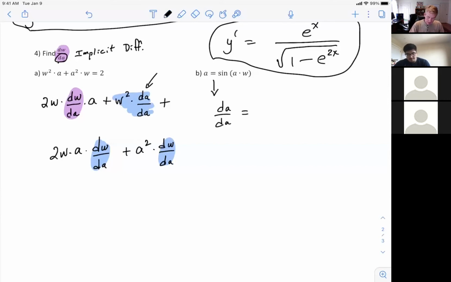On the right side, the derivative of sine is cosine. And for right now, the A and W stays there.